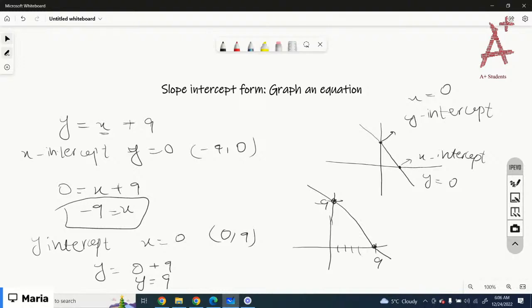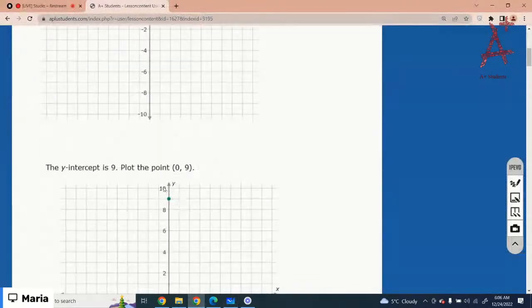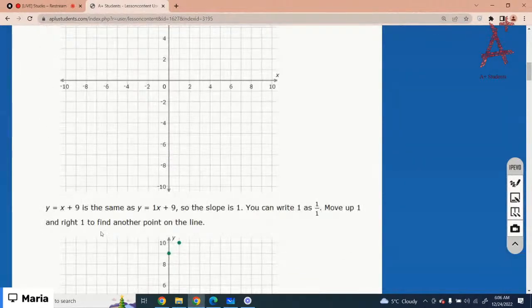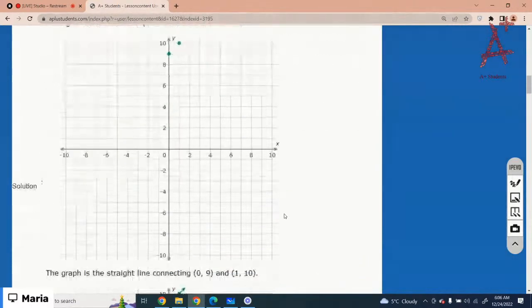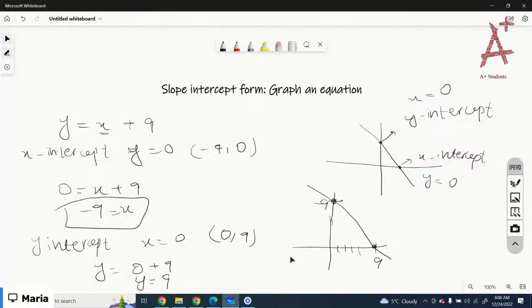Okay, so we can look at the tutorial. We have the points 0, 9, that is the y-intercept, and then 9, 0. This is the point of the intercept. Got it? So you can just join any 2 points. Sorry, I made a mistake. X is negative 9. It would be on the negative side of the graph, not this one.